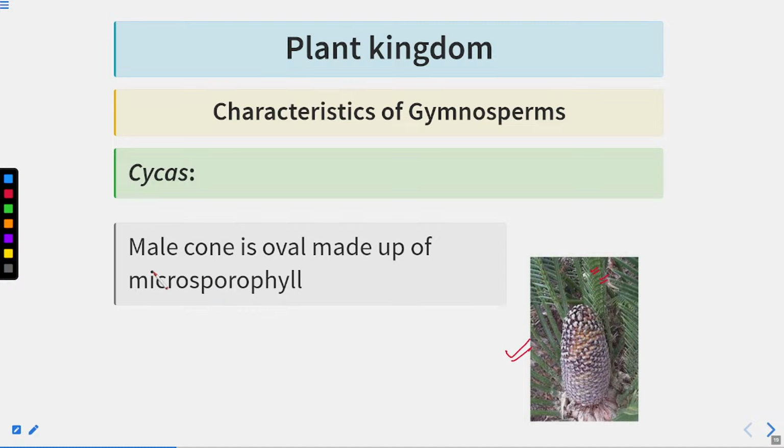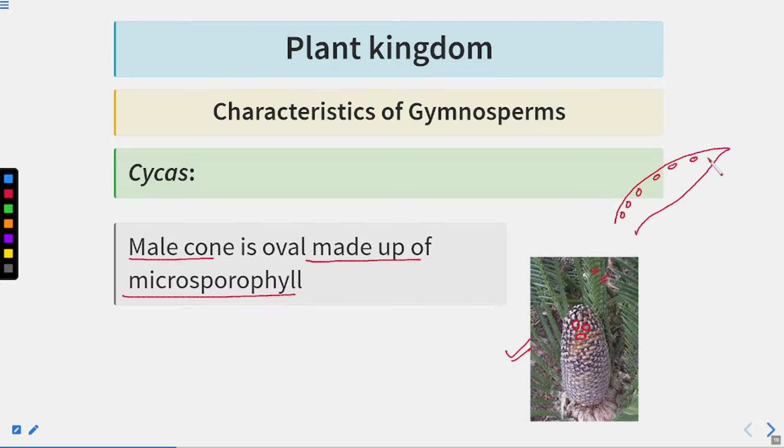Okay, so let us talk about the cone. This male cone is oval and made up of microsporophylls. If you see this single structure, what is it? Microsporophylls. We all know that sporophylls are leaf-like structures that bear sporangia.